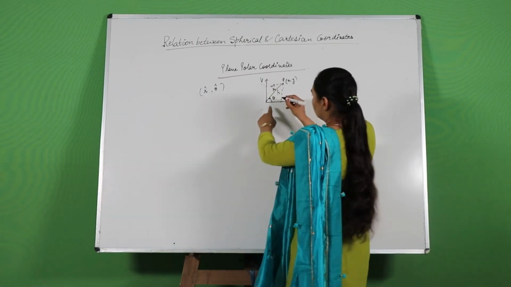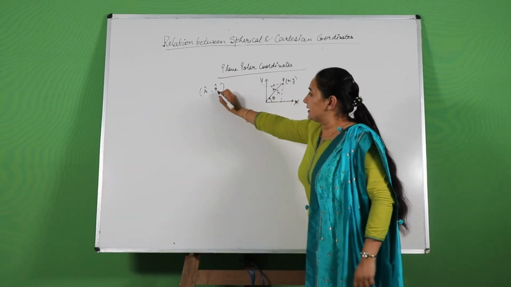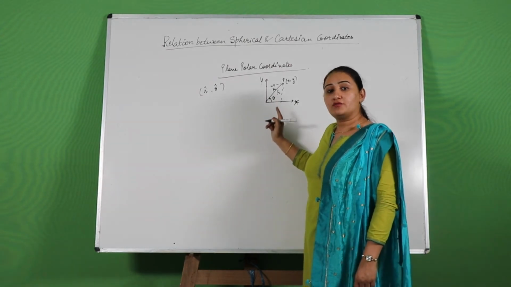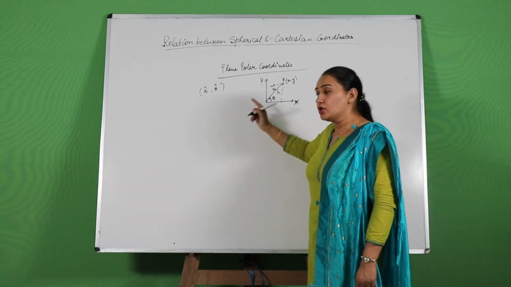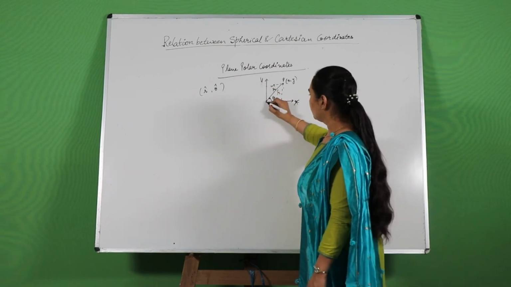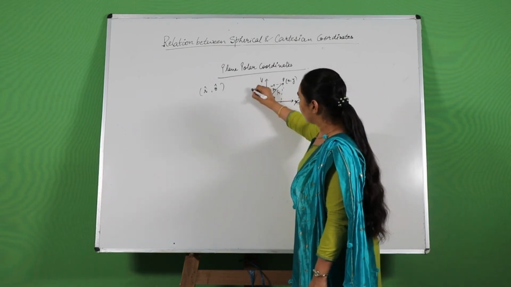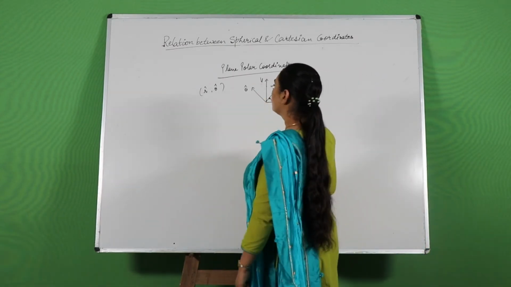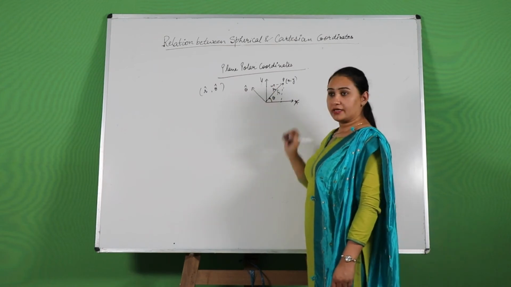Now the thing is where your theta cap will move. Your theta cap will move in the direction where your theta is moving. So since your theta is moving in the anti-clockwise direction, your theta cap will move in this direction.